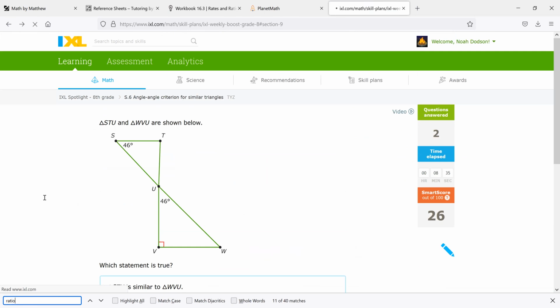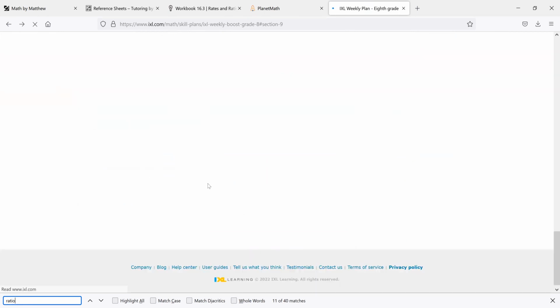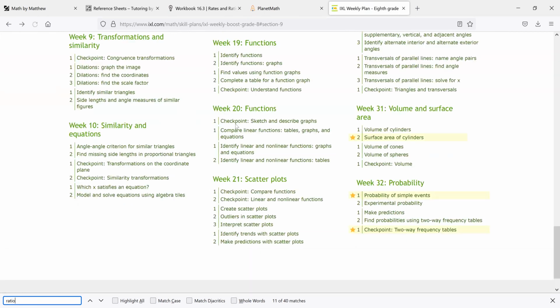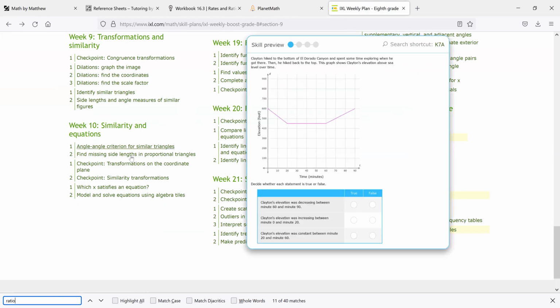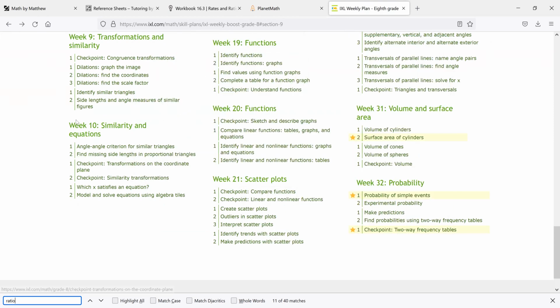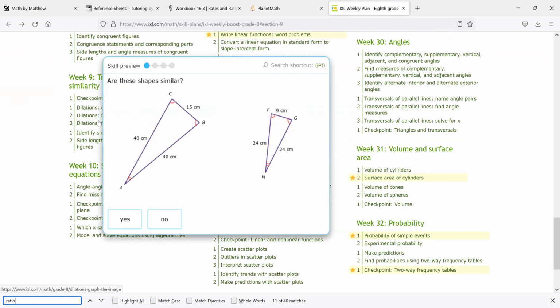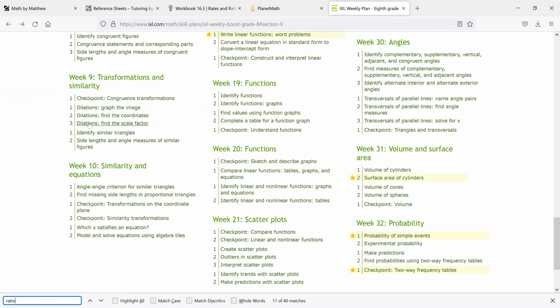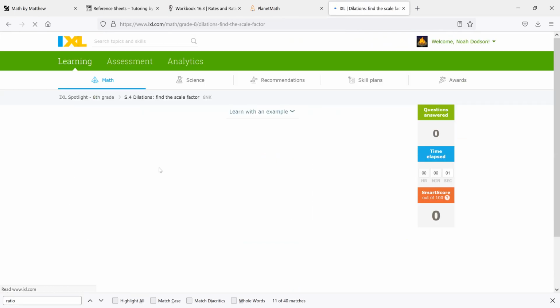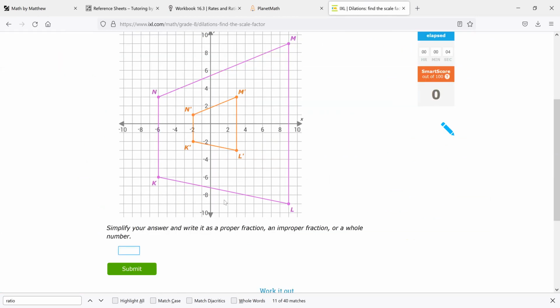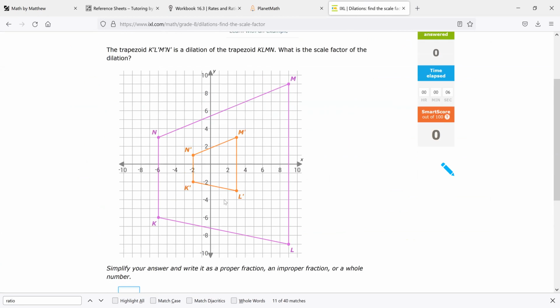All right. I'm just pulling up some other problems here. Just give me a moment here to get this pulled up. Okay, so let's just look at something different here.